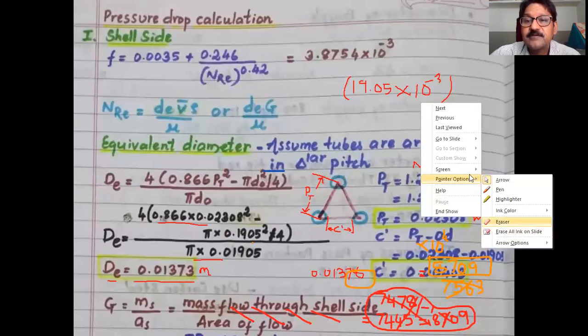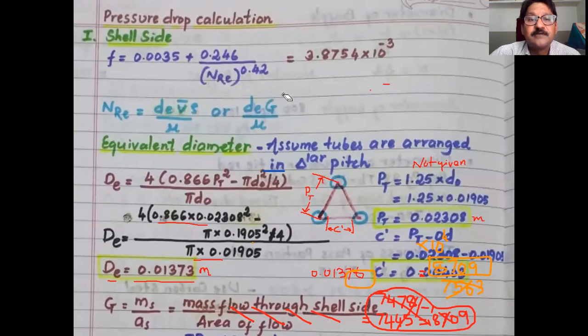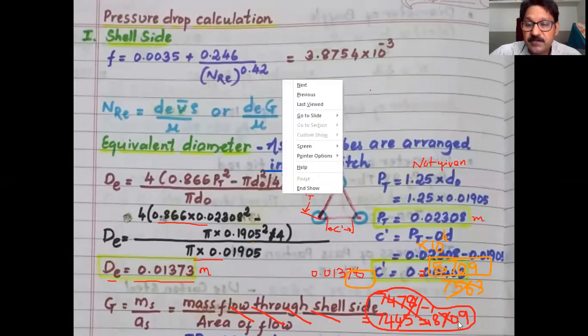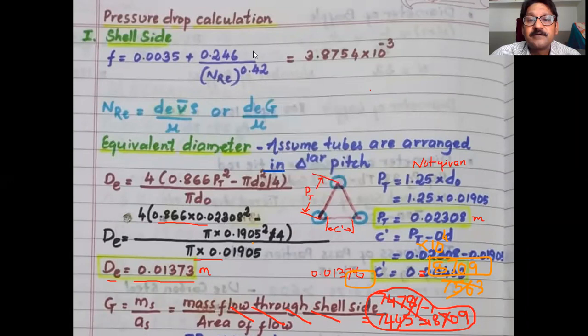Once again you write it. So Re is 8709. You tell me the value of friction factor.